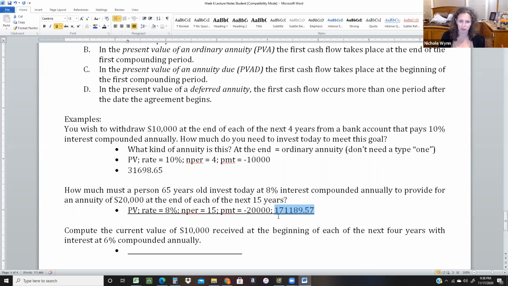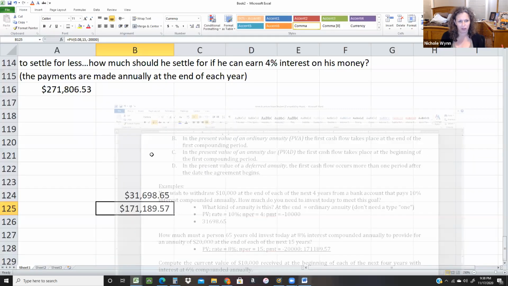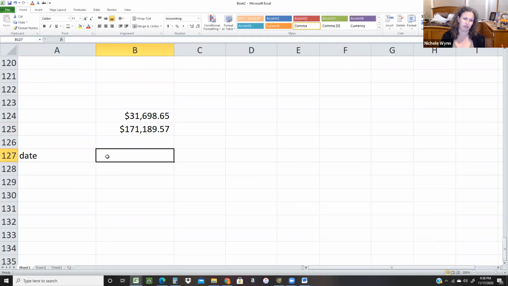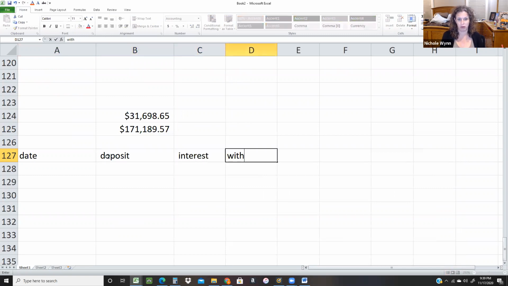So if you have this much money in an account, let's go try it. Date. Let's do deposit, interest, withdrawal, balance.